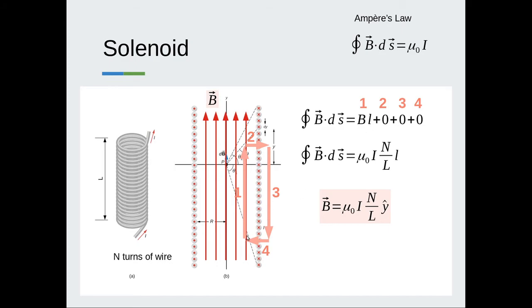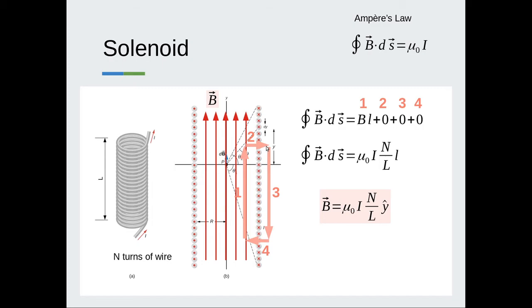Here your vector B is always parallel to your vector ds. That's the reason why if you walk from here to here, if the distance is L, then this is just BL. And then you take a right turn. This is the second section.